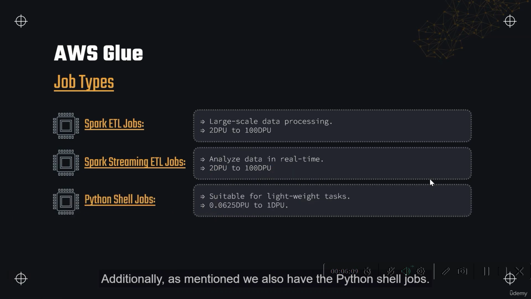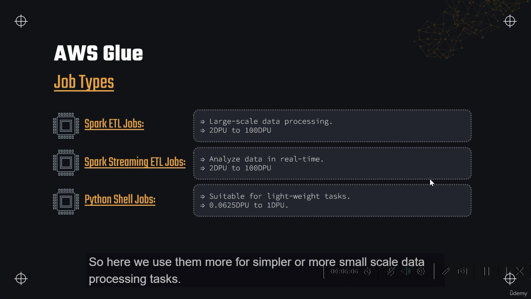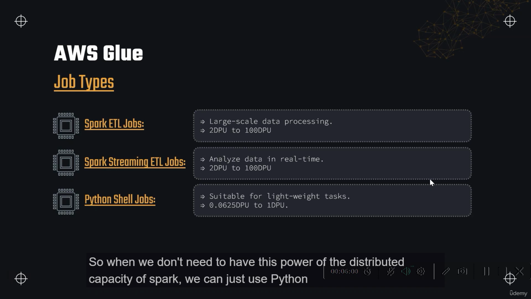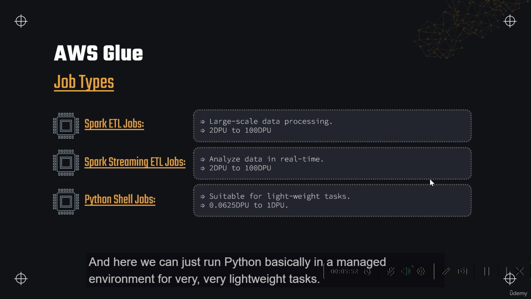Additionally, as mentioned, we also have the Python shell jobs. Here we use them more for simpler or small-scale data processing tasks. When we don't need the power of the distributed capacity of Spark, we can just use Python shell jobs. Here we can just run Python in a managed environment for very, very lightweight tasks.